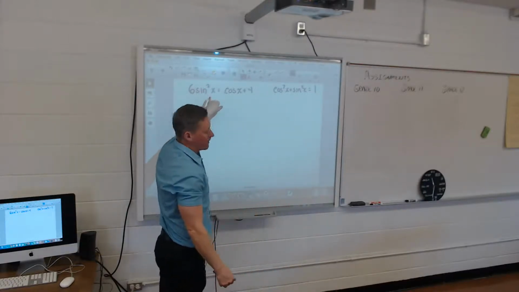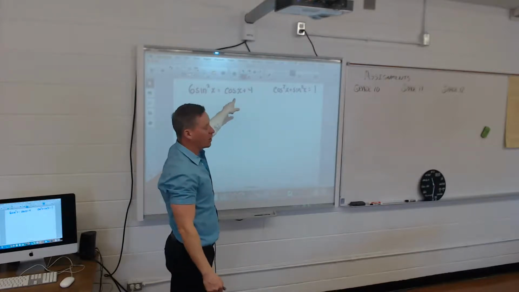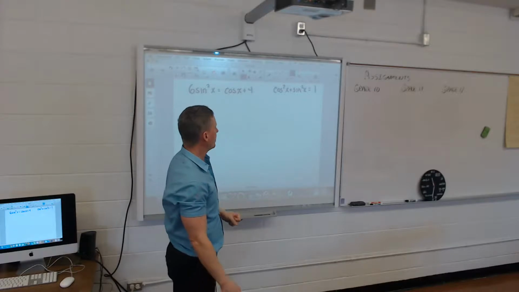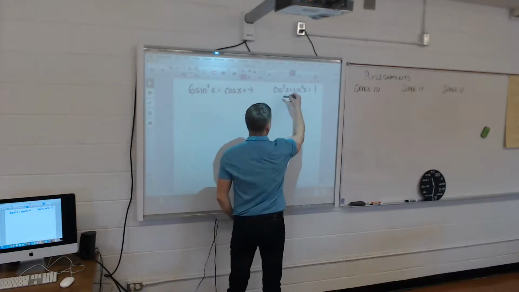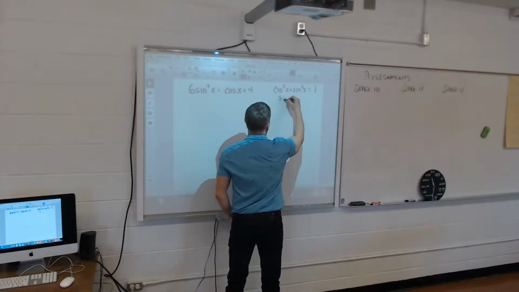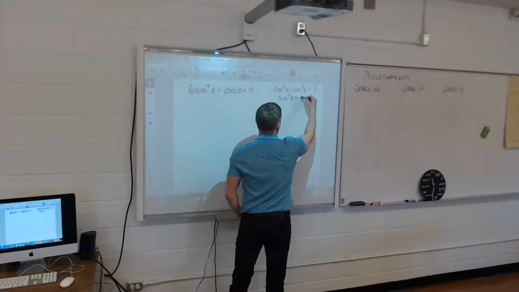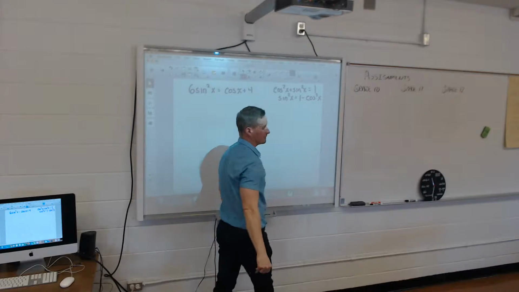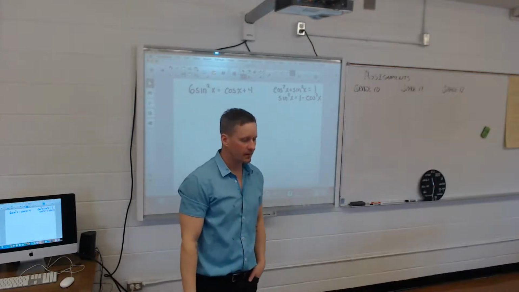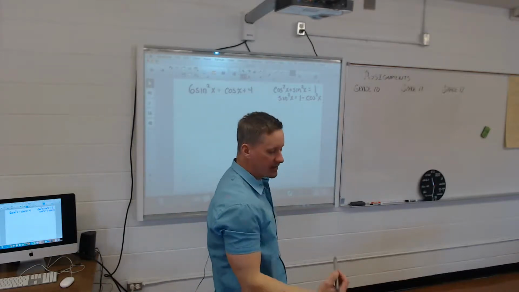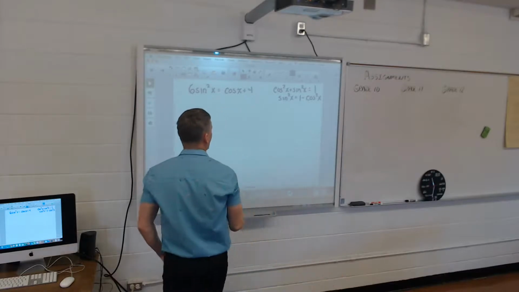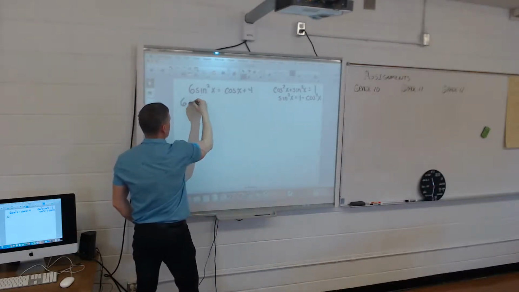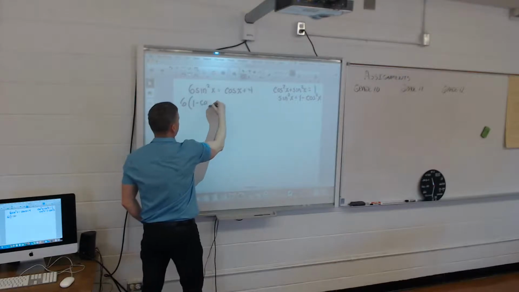I have sine squared x here. I have a cos x here, so I can't use them because they're not the same. So what I'm going to do is change this. So sine squared x is equal to 1 minus cos squared x, like that. That's my Pythagorean identity. So now I'm going to substitute 1 minus cos squared x in here.